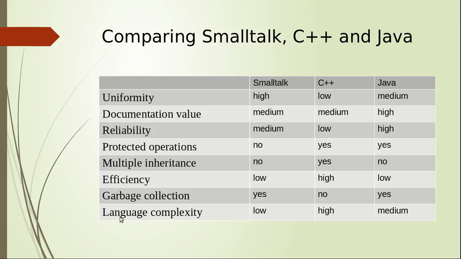Language complexity: Smalltalk is pretty low. It's just the one basic thing, that everything is an object, and you just pass messages between the objects. C++ is a very complex language. Java, compared to C++, is not that complex.